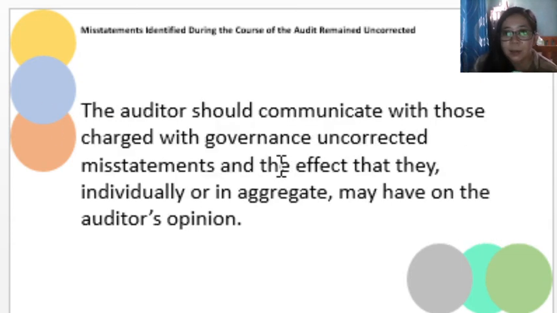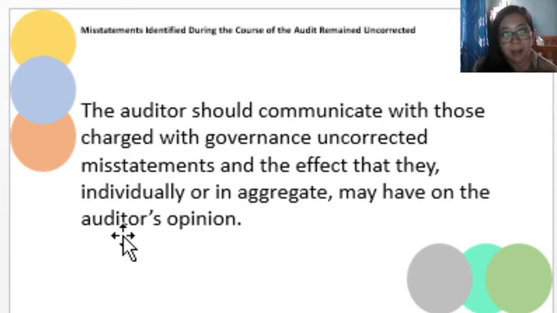Another is the auditor should also communicate with those charged with governance any uncorrected misstatements and the effect these, individually or in aggregate, may have on his opinion. Because if these uncorrected misstatements may prove to be material, then the auditor might modify his opinion.